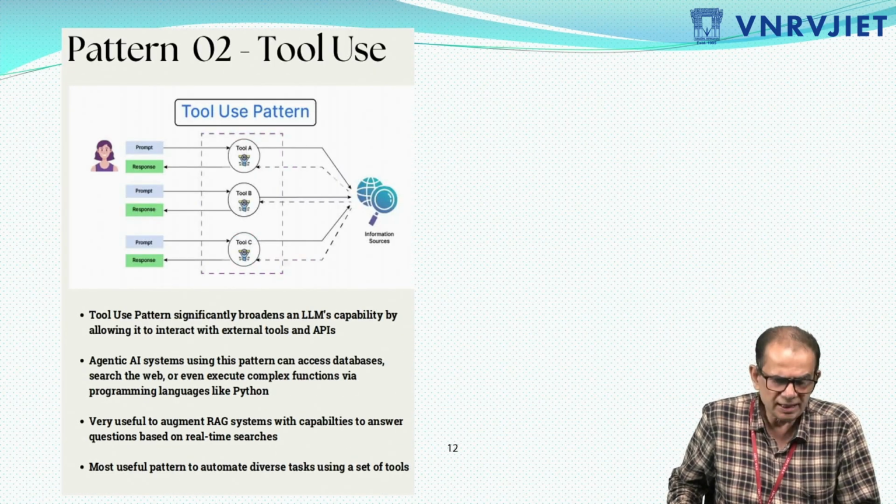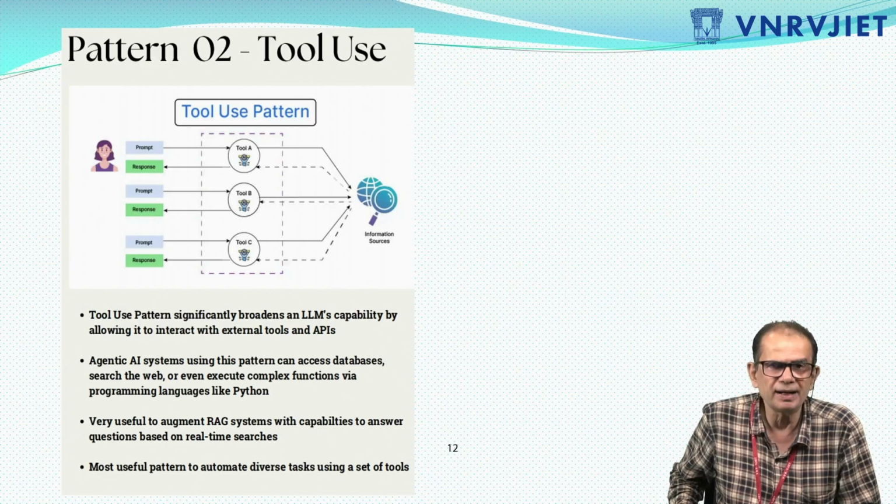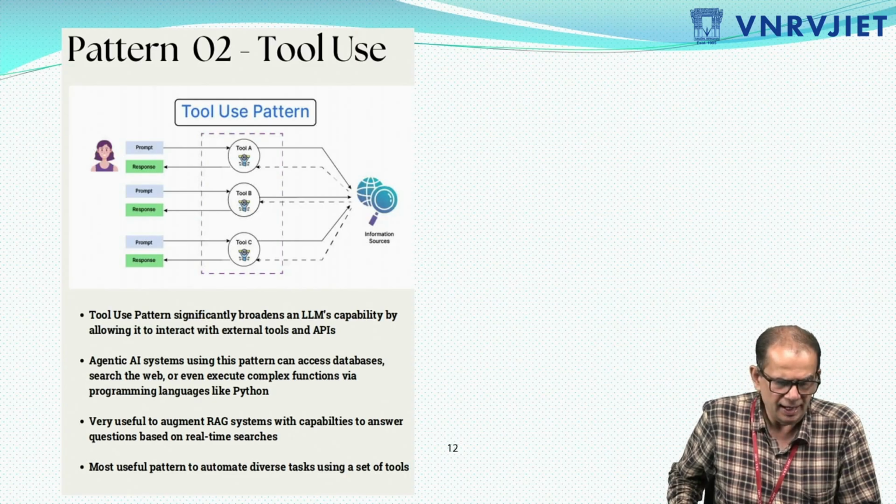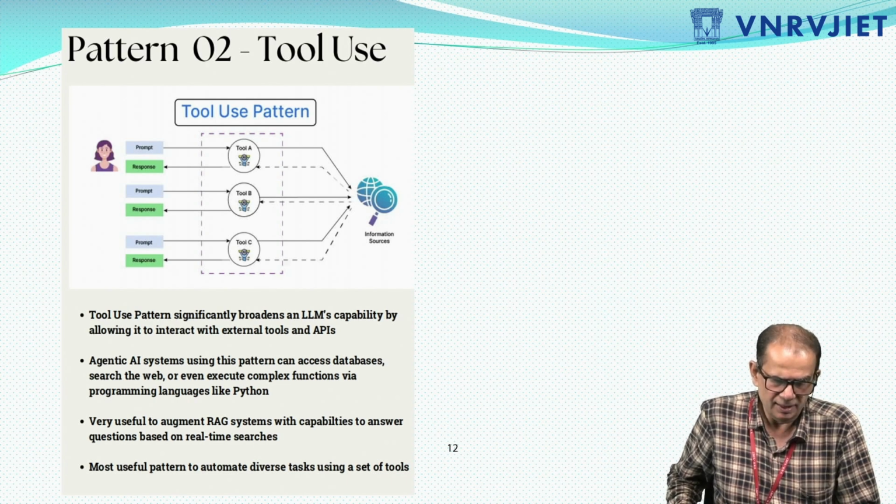We'll talk about the second pattern, the tool use pattern. Please see the diagram we are showing on the top. The tool use pattern significantly broadens an LLM's capability by allowing it to interact with external tools and APIs.